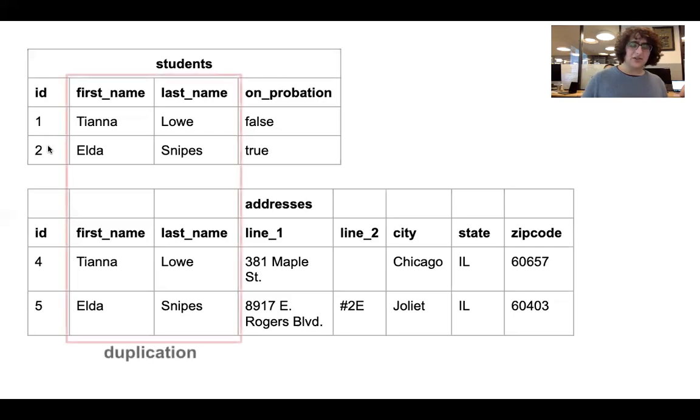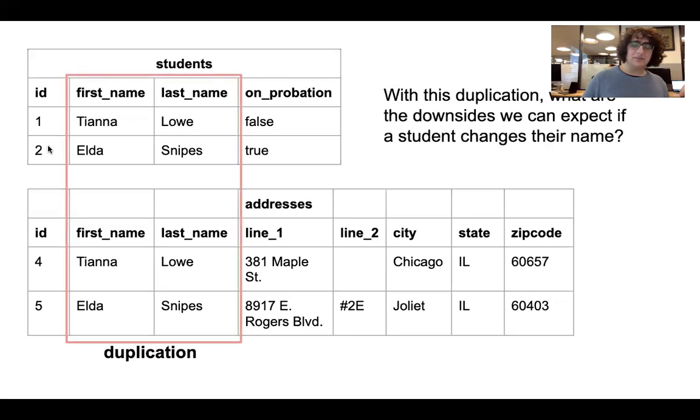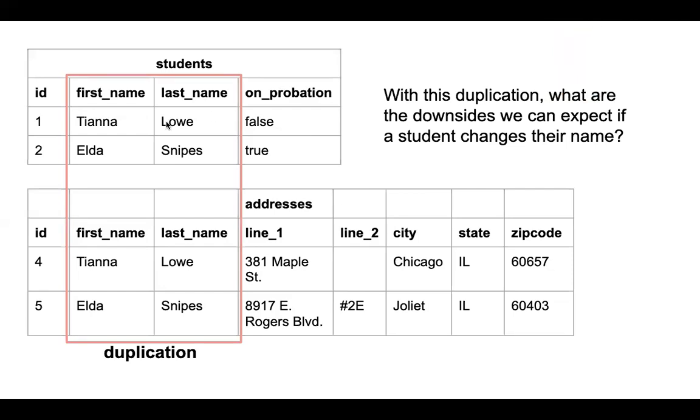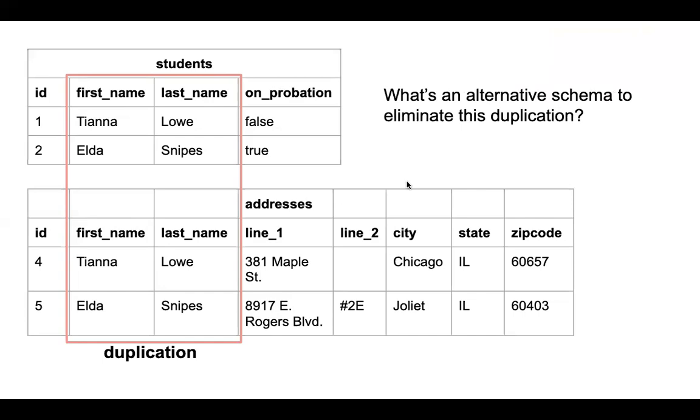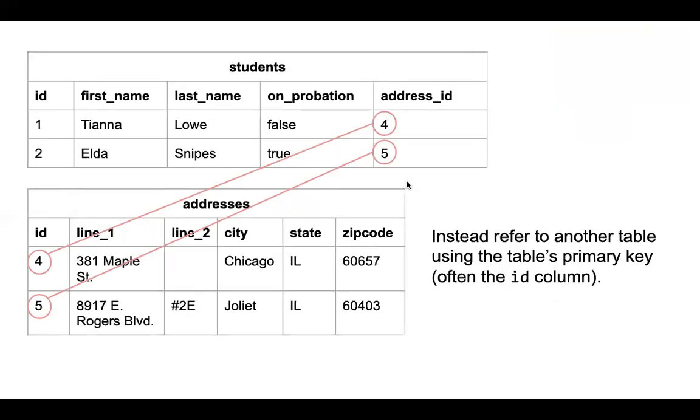Well, I think you're on the right track. So this is the duplication. And the downside of the duplication is, of course, if a student changes their name, we can't just change it in one place, we have to change it in 2 places. So the solution to that is this.